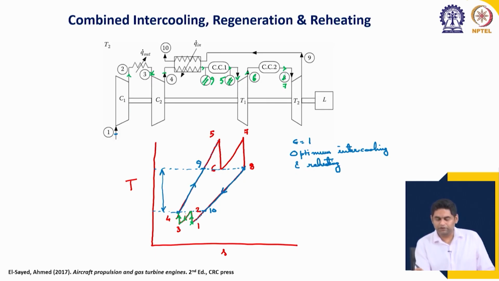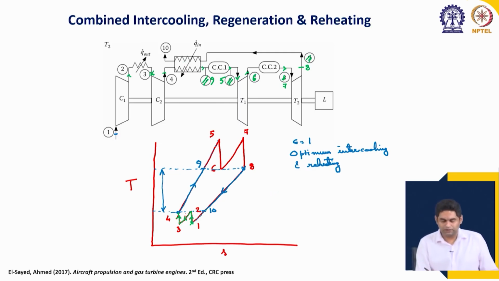So, from 6 to 7 we have the second combustion, and from 7 to 8 we have the low pressure turbine expansion, and then from 8 to 10 we have the other side of the regeneration process, where the heat transfer occurs.